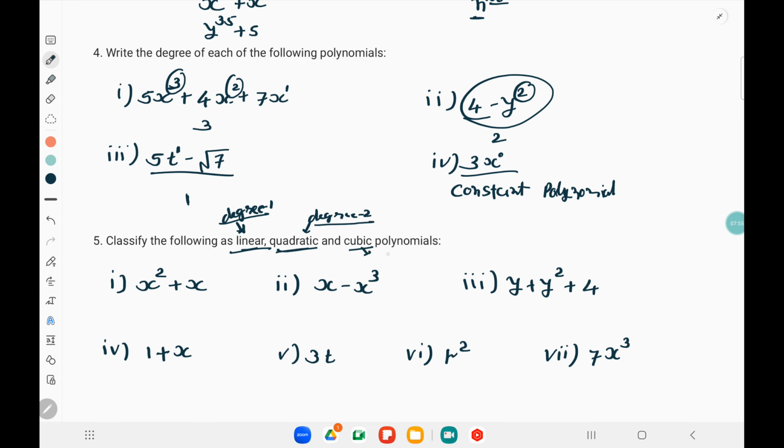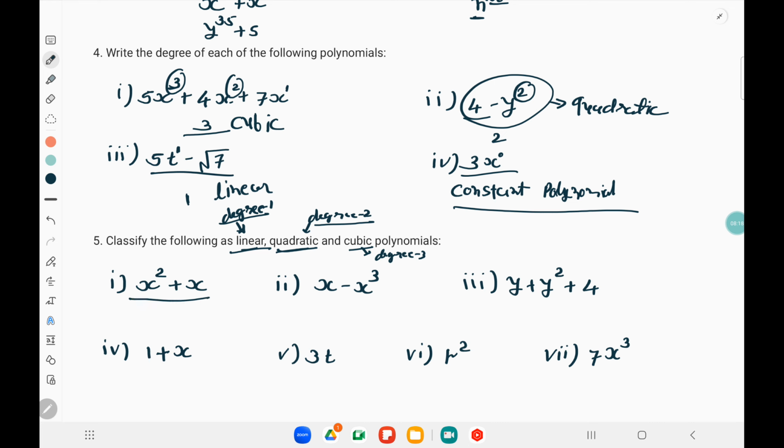And cubic means the highest degree is 3. This one we call a cubic polynomial. This is the quadratic polynomial, and this is the linear polynomial. Okay, and this is the constant polynomial.